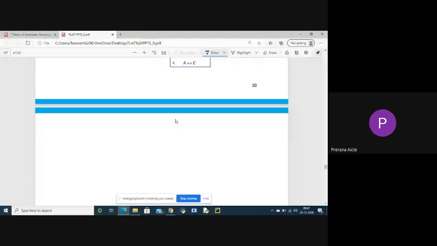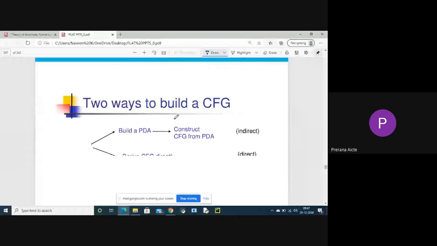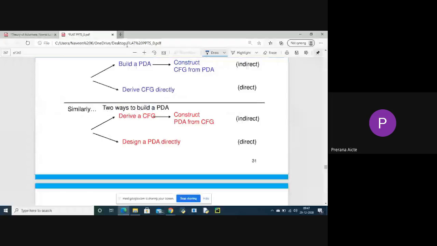Okay, we'll see one more example here of conversion of CFG to PDA.